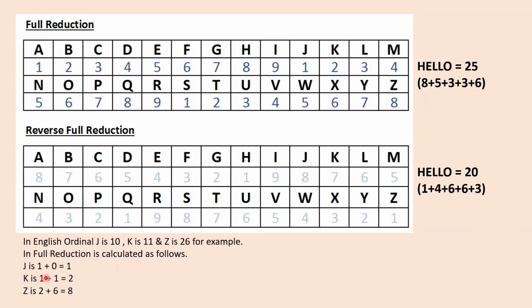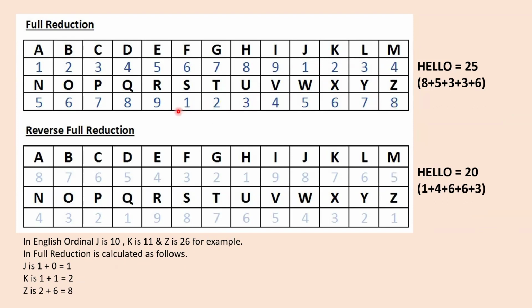K was 11, 1 plus 1 now equals 2. Z, 26, 2 plus 6 is 8. So here are the new numbers now in full reduction. Basically you get 1 to 9, and then 1 to 9, and then 1 to 8.